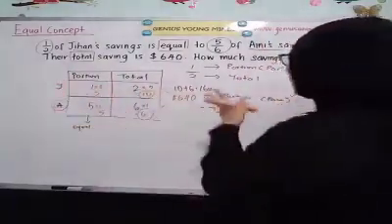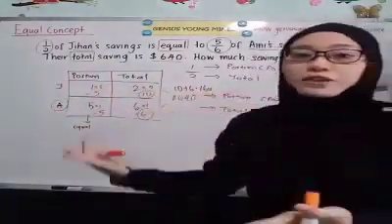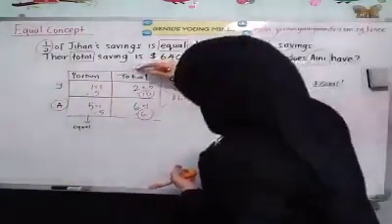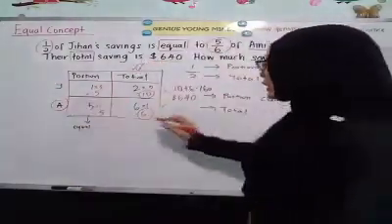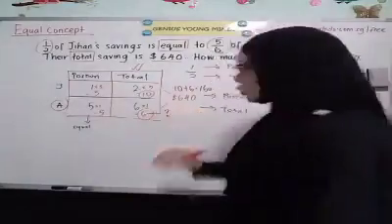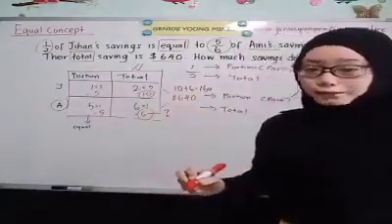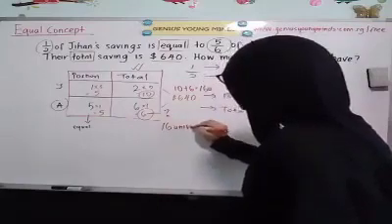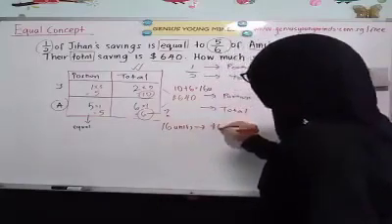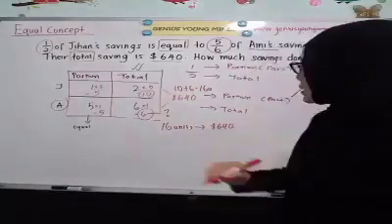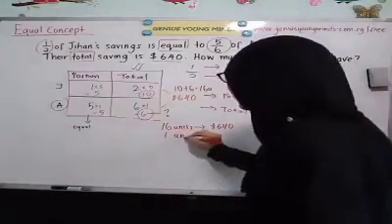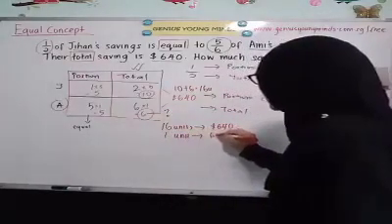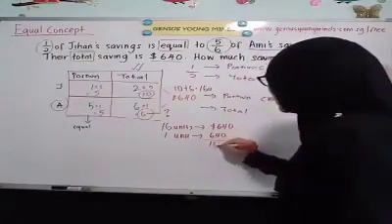But when I want to find the amount of money, the amount of savings that they have, you have to look at the total column. Which means for Aini, we need to know how much is 6 units. Understand? Okay, so in this case, 16 units represent $640. And find 1 unit, which is 640 divided by 16.